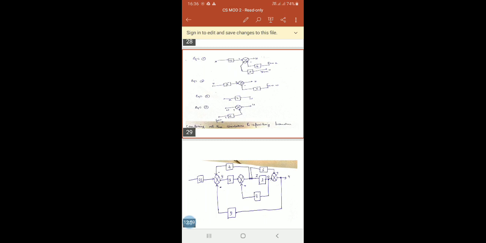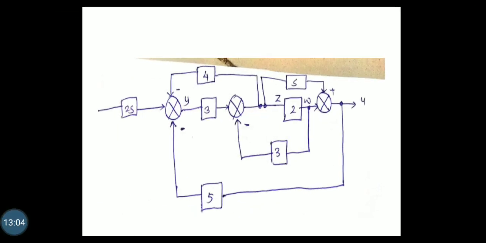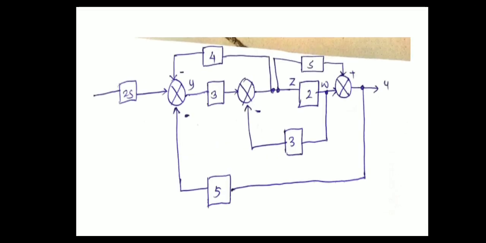So what we will get is, after combining, we are going to get this diagram. So we have to combine all those diagrams and we'll get this diagram. So y has been combined, z has been combined, w has been combined, u. Combine all the diagrams, you'll get u.